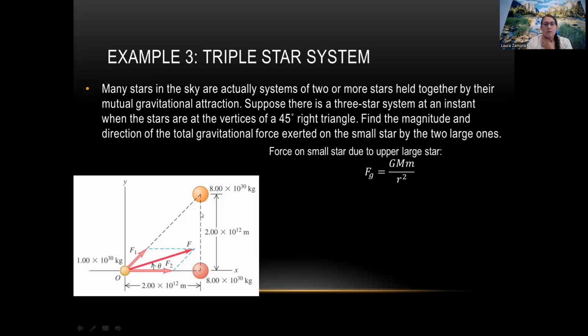If we want to find the force on this small star due to this orange big star, remember the force of gravity is big G times the mass of one star times the mass of the other star divided by the distance between their centers squared.